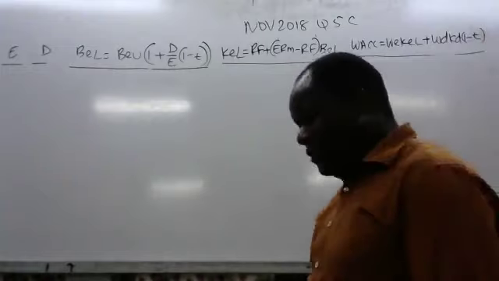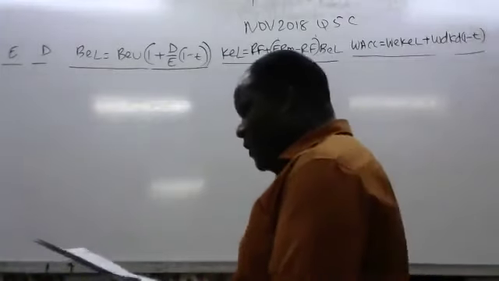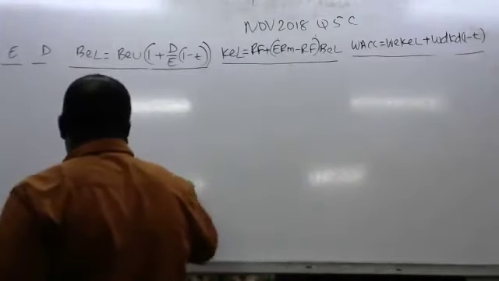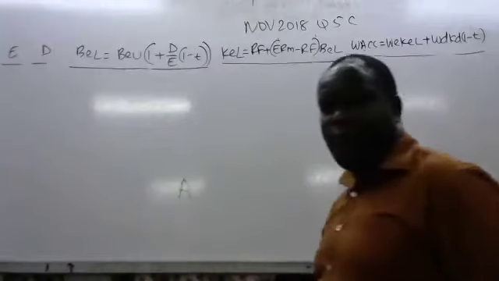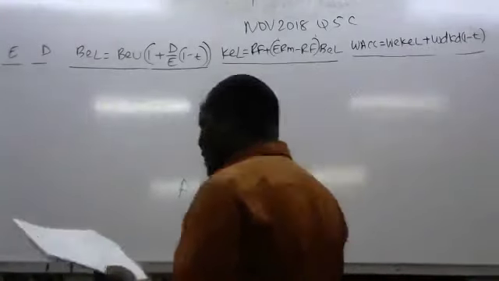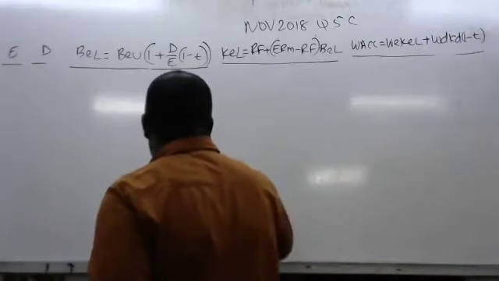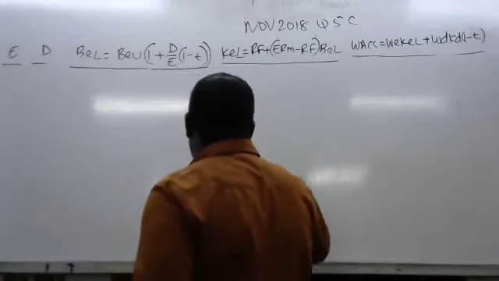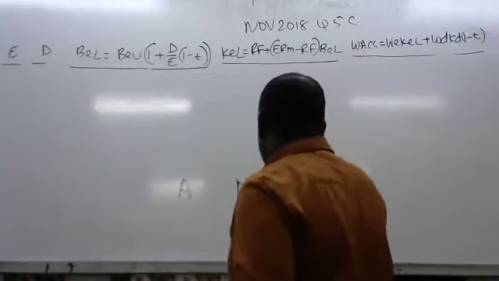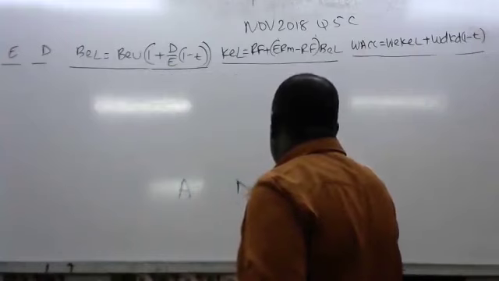So the first one is bond rating A. For bond rating A, they have given you the debt to equity ratio. They are giving us 0.0.